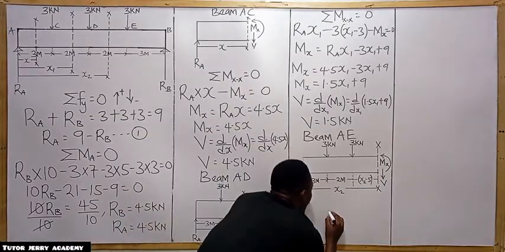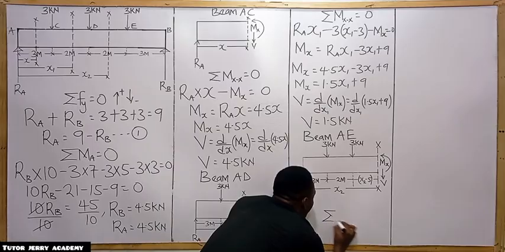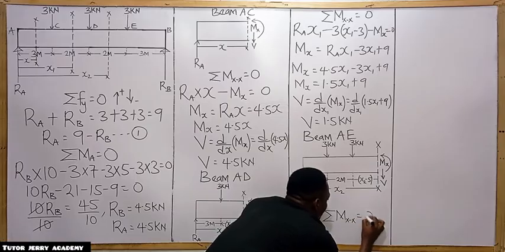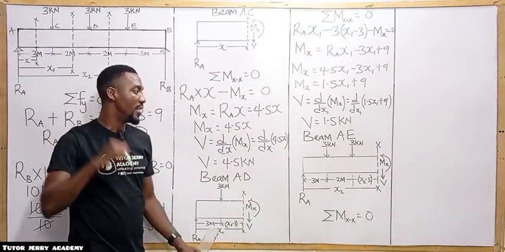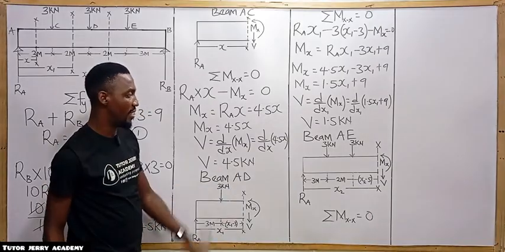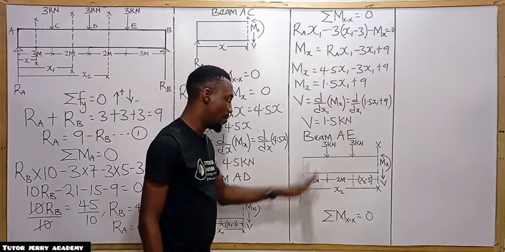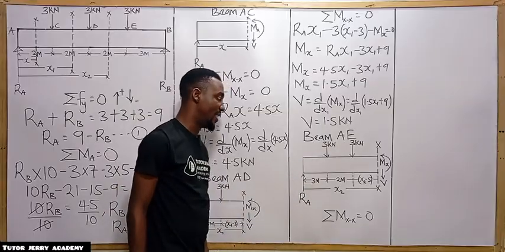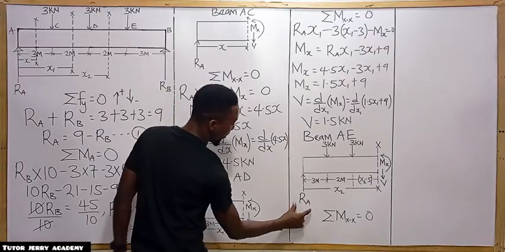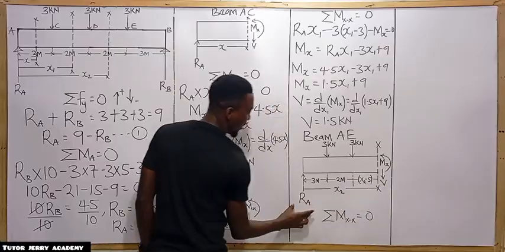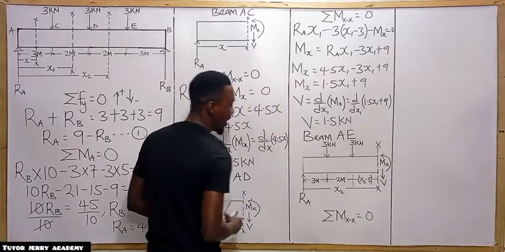We say the summation of moment about the section part should equal 0. Again, upward force is positive, downward force is negative, and the moment produced will be positive and negative. All right, so now let's go. By taking the moment towards this side, it's going to be R_A multiplied by S2.